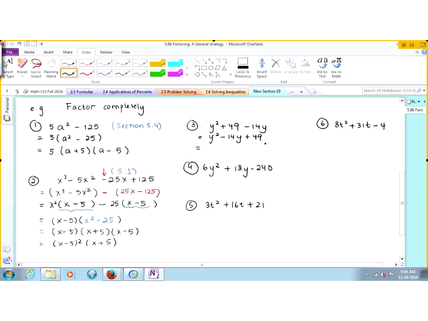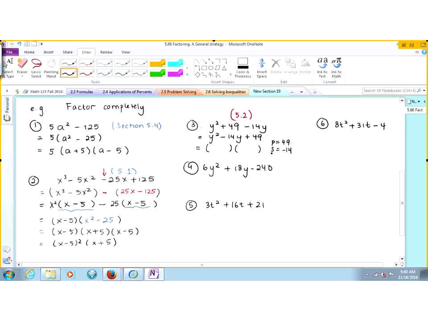Or you could just factor. This is easy, right? So how do we factor this? What is the product equal to? 49. The sum is equal to negative 14. This is from section 5.2.